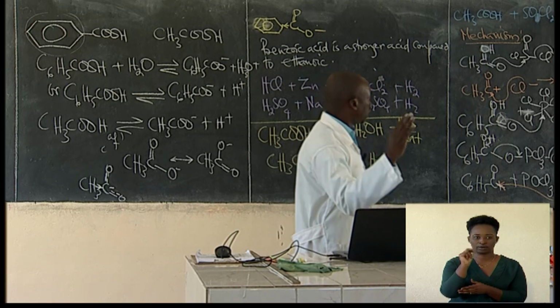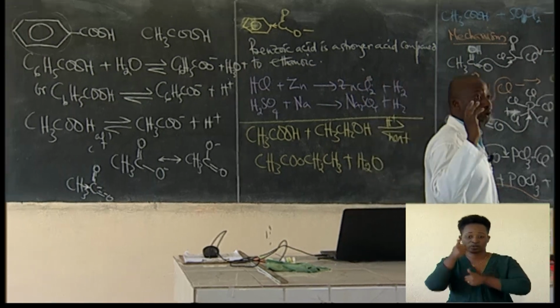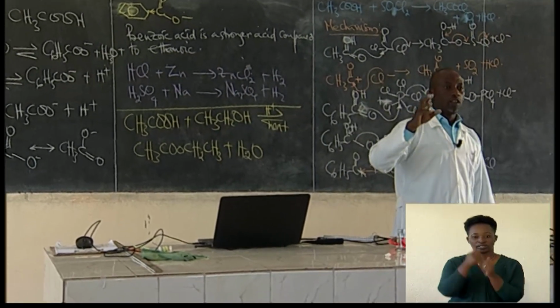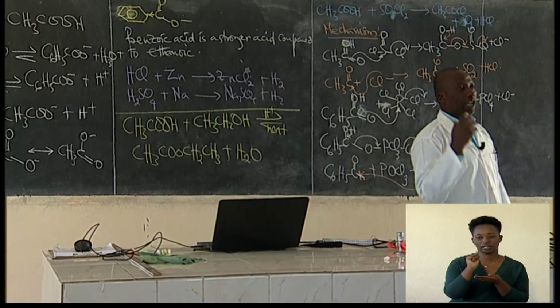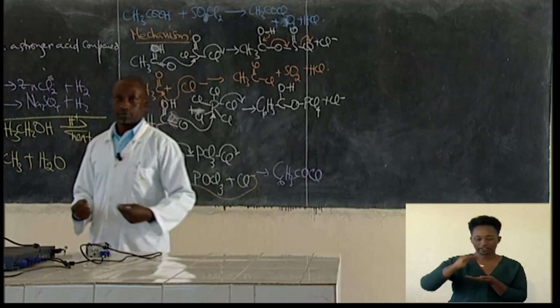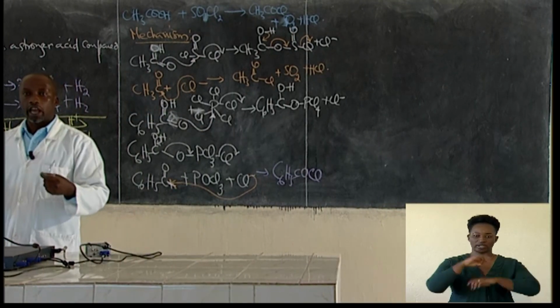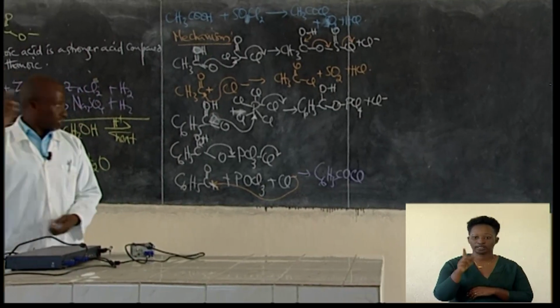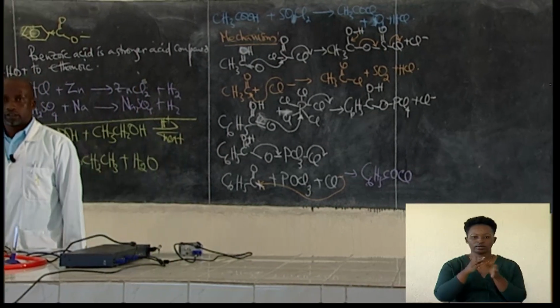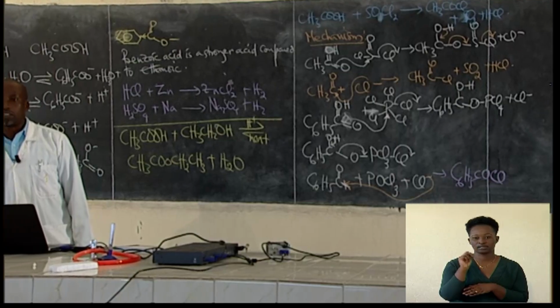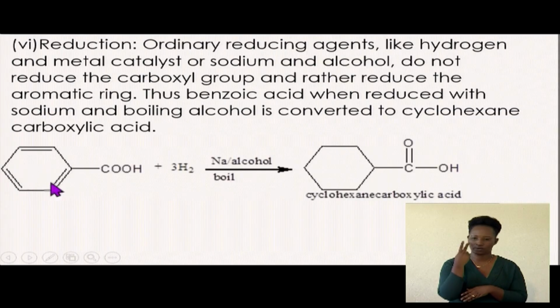Another reaction, which is different, is also a reduction reaction. If the reducing agents are not strong enough, there will be destruction of the benzene ring. So here we are talking about this. You see what happens over here.